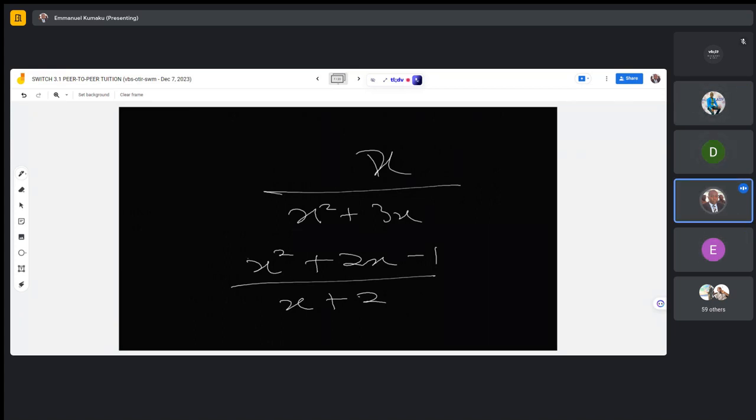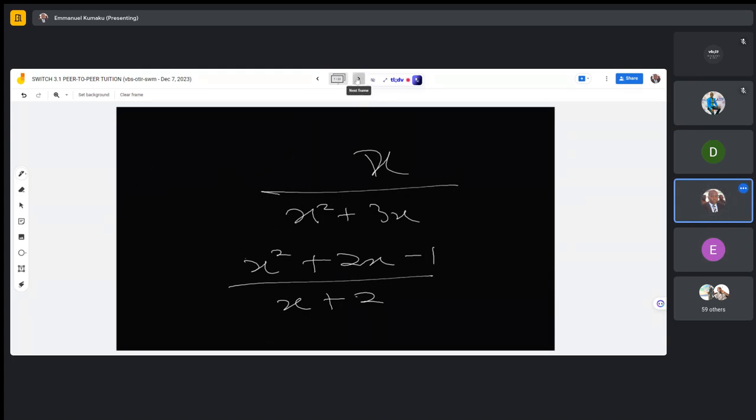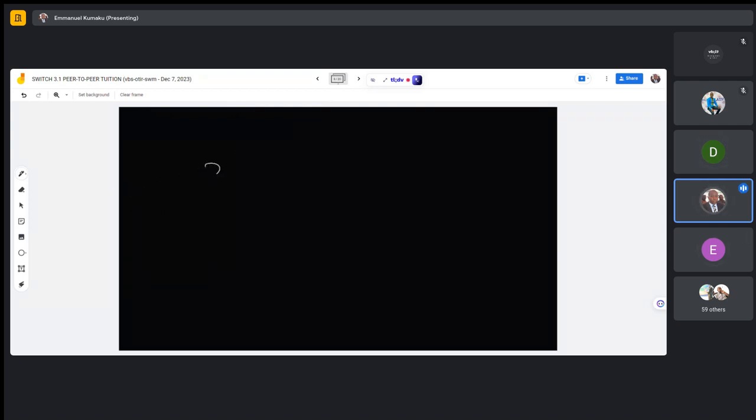The reason why the difference is supposed to be one is that if I have x cubed plus, let's say, 3x plus 2, and I divide it by x plus 1, when you divide this by this, you are going to get a quadratic. You are going to get x squared.